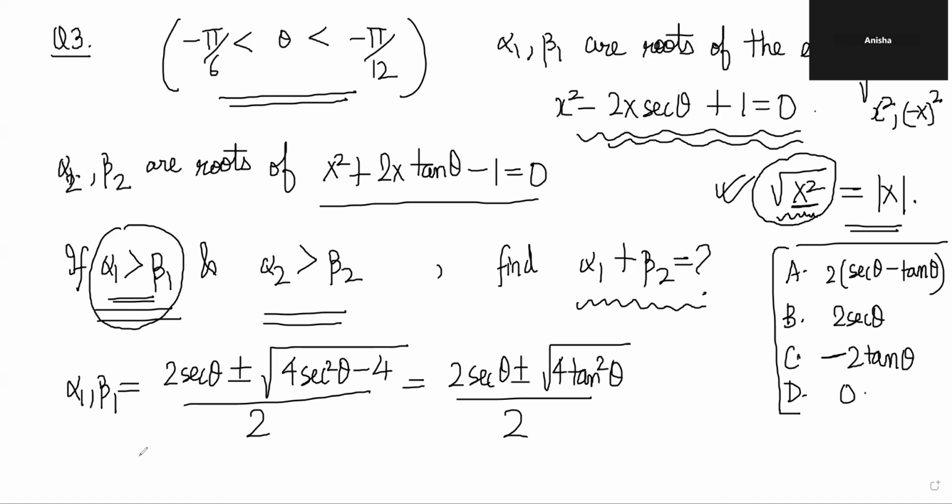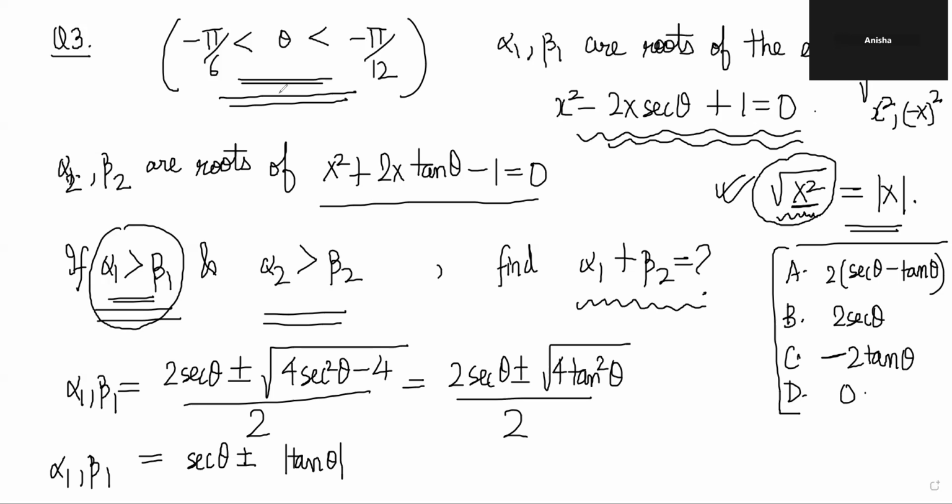So basically, here you will say alpha 1 comma beta 1 will be sec theta plus minus mod of tan theta. Now you need to know which quadrant this is. This is the fourth quadrant. In the fourth quadrant, the sign of tan will be positive or negative?